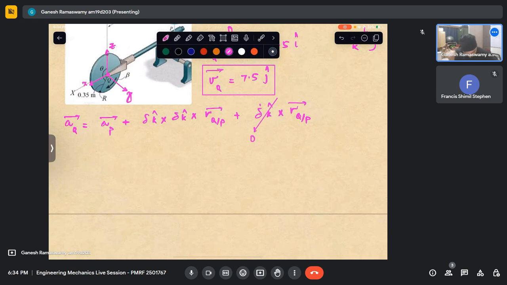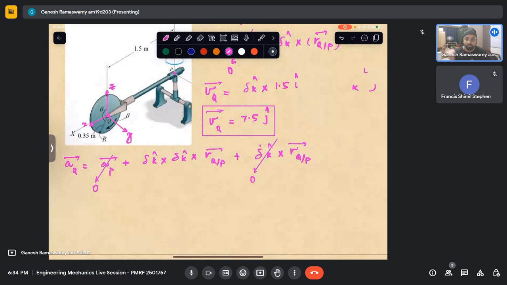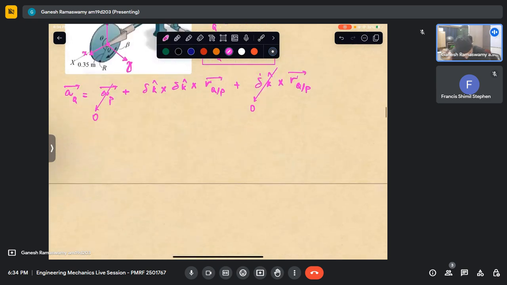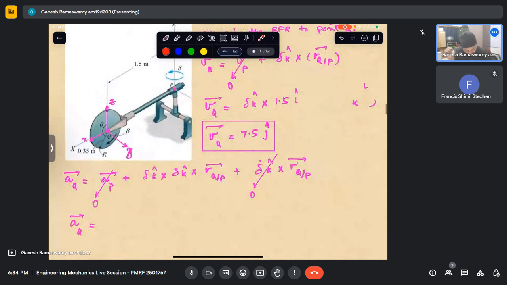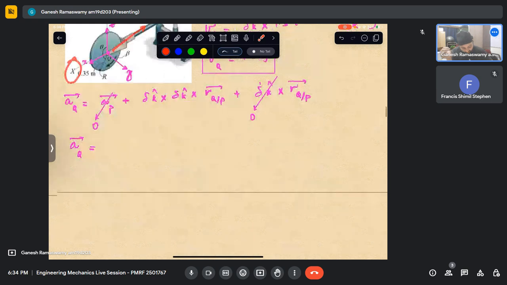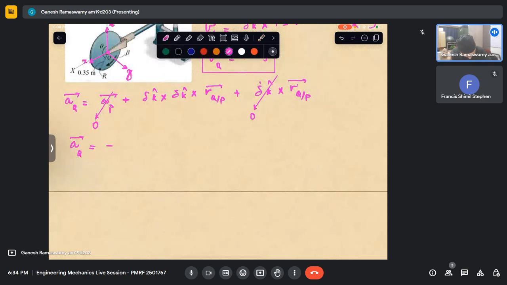This quantity is not going anywhere because this is sitting at this point. So what is acceleration of that Q? It is centripetal acceleration. Now if I do the cross product, I'll get it pointing in this direction. I know that it will come in this direction because it is centripetal and it has to point towards P. What is this direction? It is minus X. So it will be minus something I cap. So what is that?